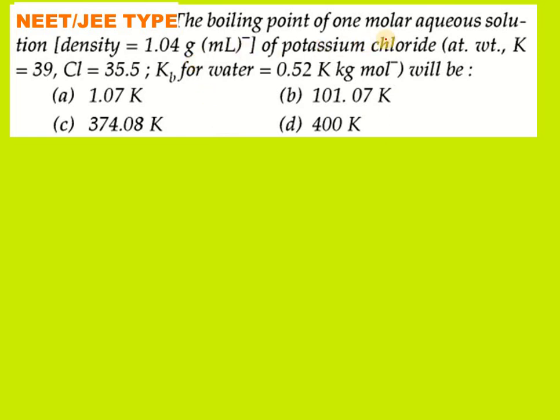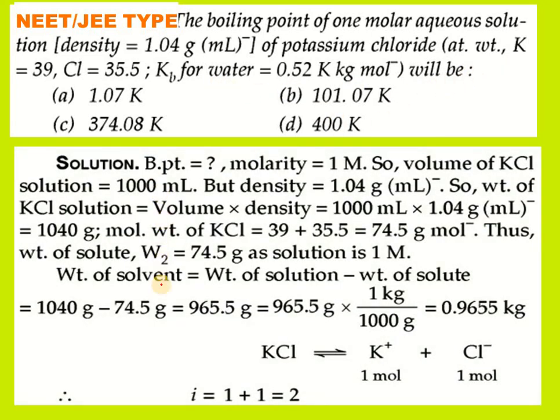Next question. The boiling point of a 1 molar aqueous solution of potassium chloride with a density of 1.04 grams per mL will be how much? They have given the number of moles and the Kb value also. So you can use the delta Tb formula, but the dissociation, the Van 't Hoff factor, should be considered.